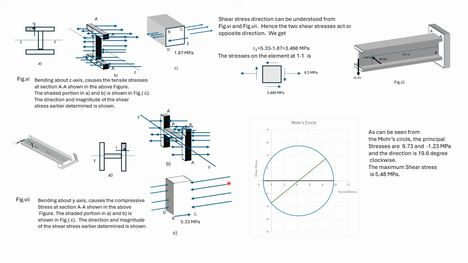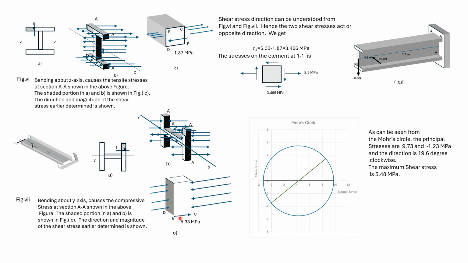Here again the compressive stresses on the right side are larger than the left side. So this would be the direction of the shear stress on the underside or on the section BCED. So this is the underside here, BCED.